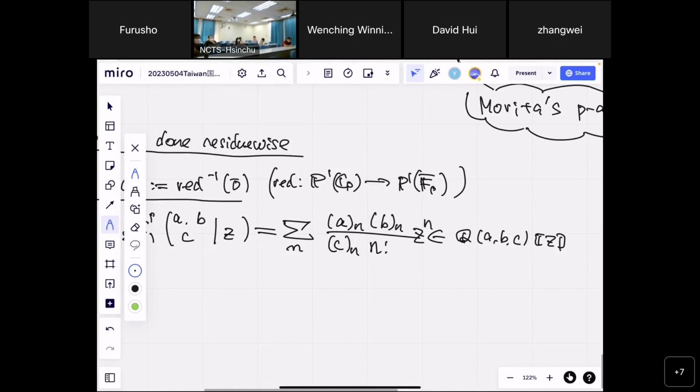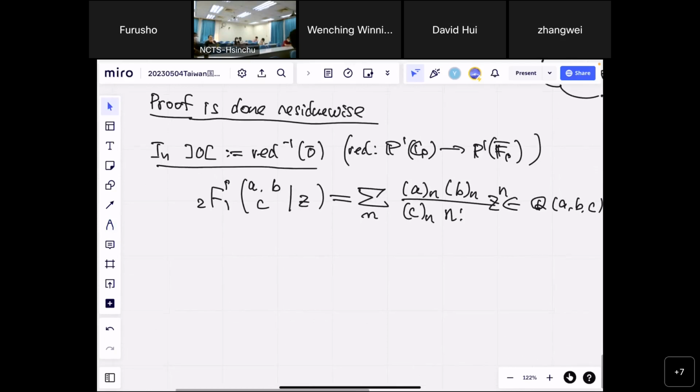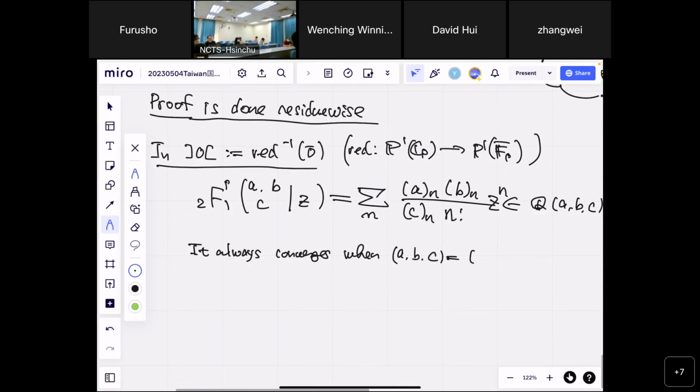You can show that this holds. So it always converges on the right-hand side. Well, A, B, C is equal to this.